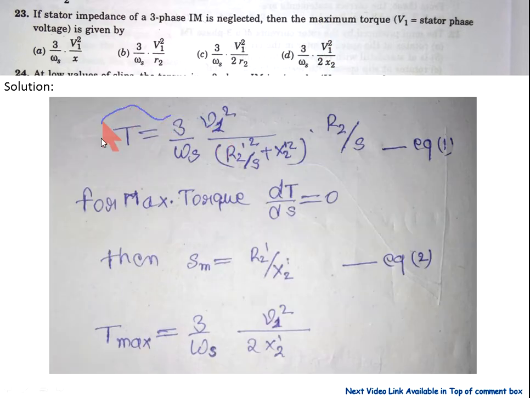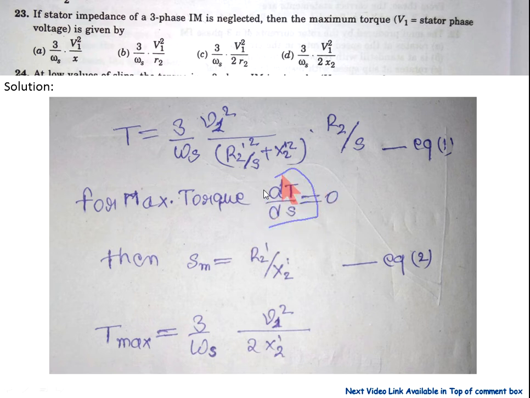Now we know that the torque T equals 3 upon omega S, V1 square divided by (R2 upon S) whole square plus X2 dash square, multiplied by R2 upon S, that is the load. Now for the maximum torque, dT upon dS is equal to 0.